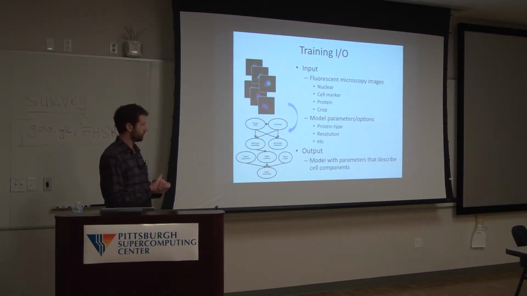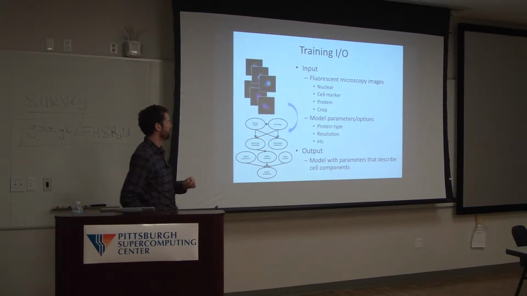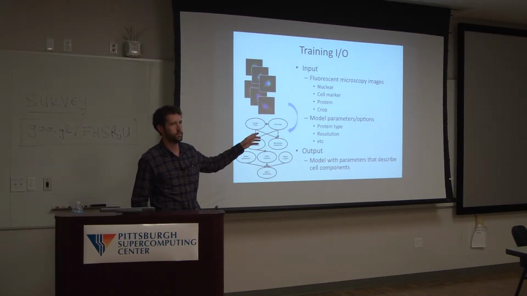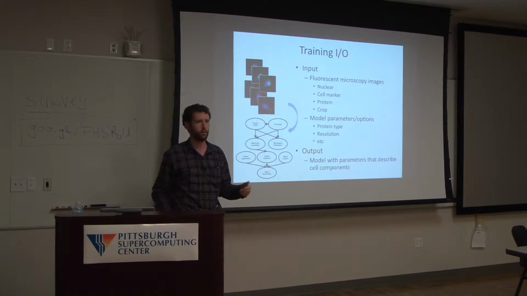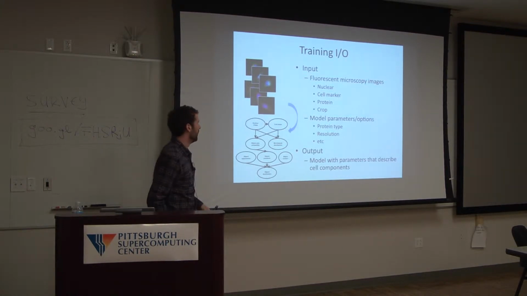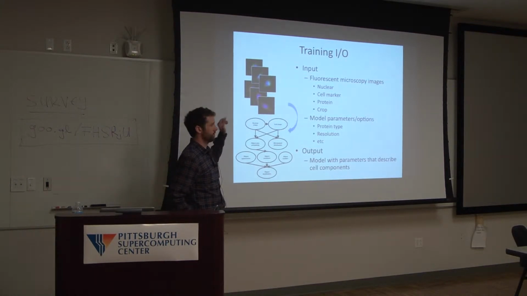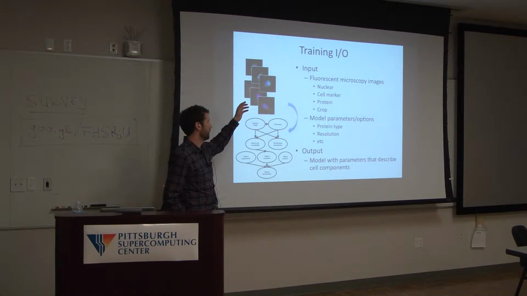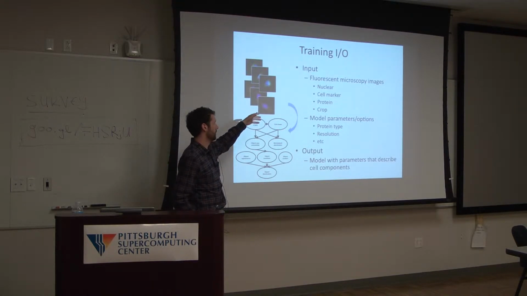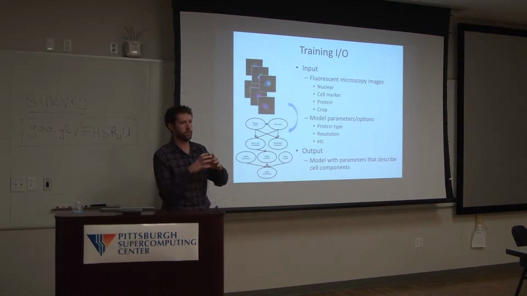All right, so just to review for either approach, what you need in Cell Organizer right now are fluorescent microscopy images. Currently, we don't support any other type of imaging when it comes to raw images, at least. And those images need to have at least a nuclear marker, and then a cell marker, a protein marker, and potentially a cropped region of interest.